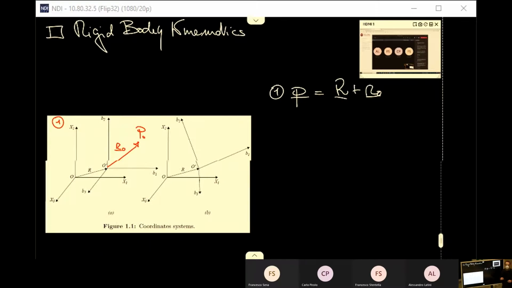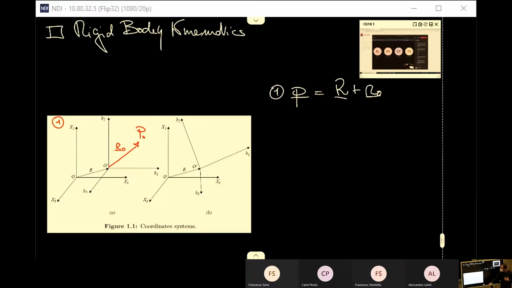But again, if we put ourselves on the local frame, we can as well describe the position of point P0, of the portion of the body which occupies the position P0, with respect to O prime. Okay? We see nothing else because we are completely immersed in the local frame. And in this case, we can define a vector which we usually refer to as R0 overbar.